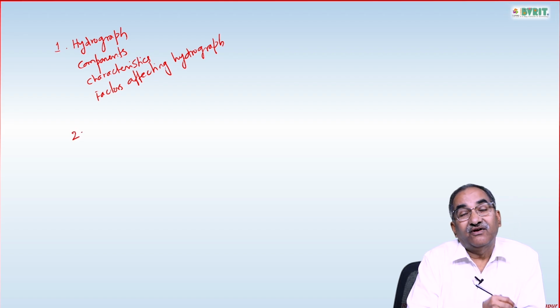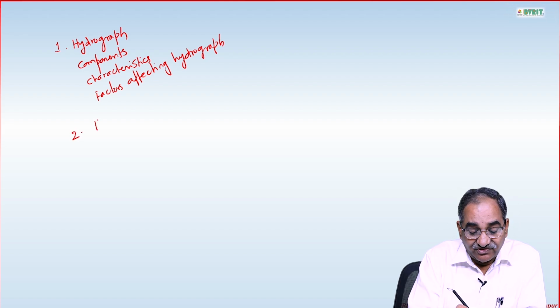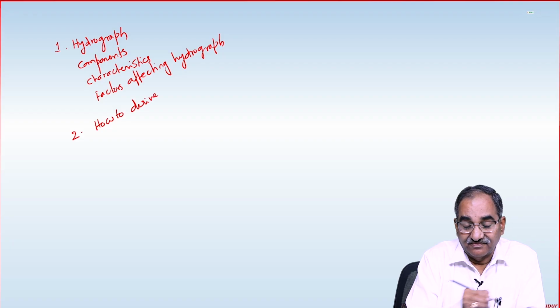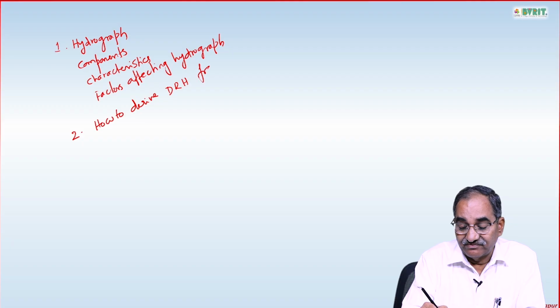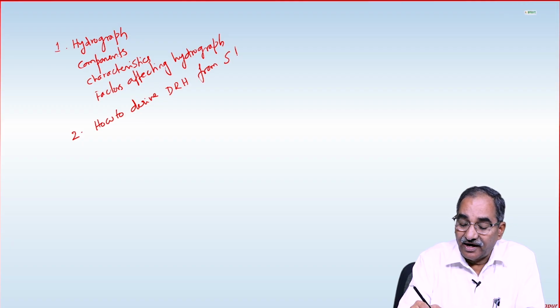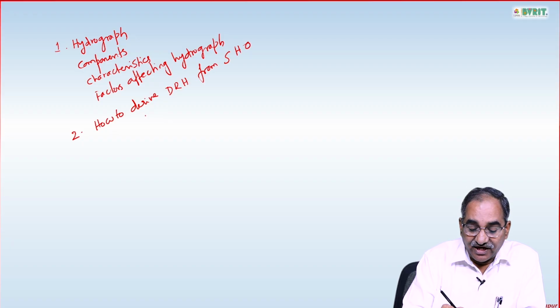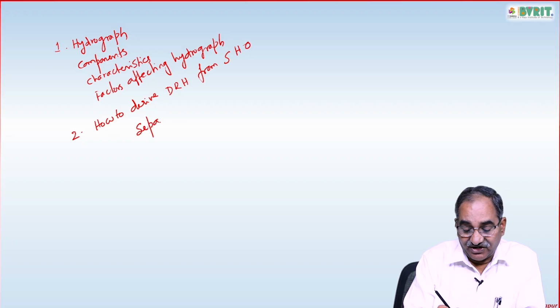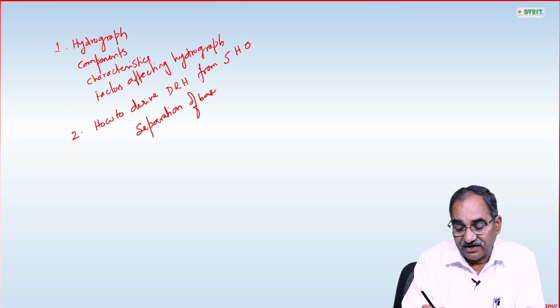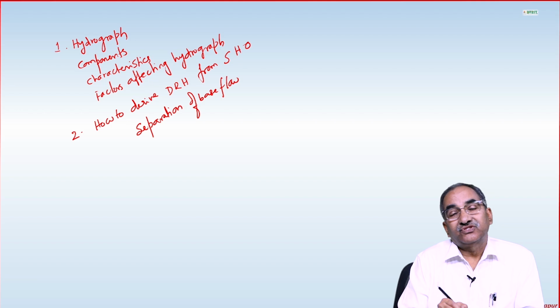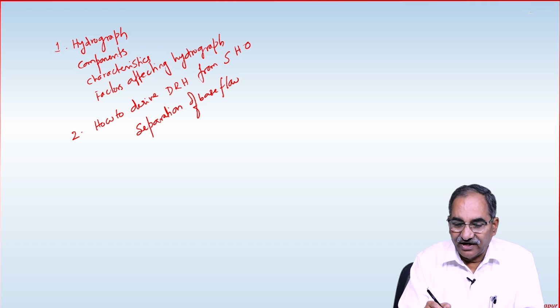Then the next one we have taken up is how to derive the direct runoff hydrograph from storm hydrograph ordinates. Here comes the separation of base flow. That is one important thing. There are three methods here and we have done them.